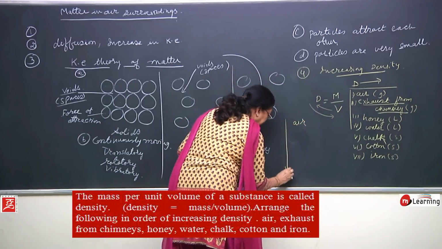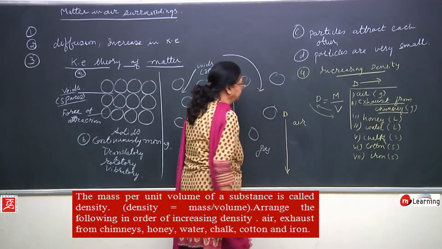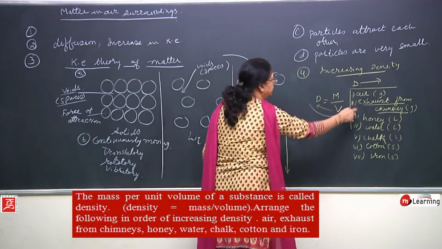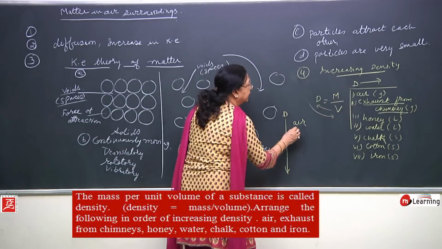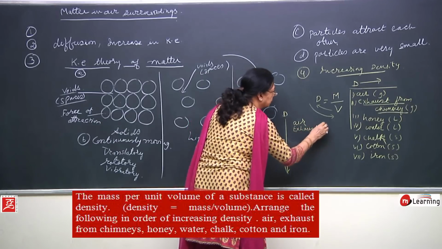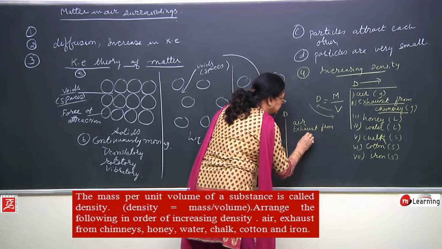Here we are arranging them in the order of increasing density. So among these two, air will be lighter, and then comes exhaust from chimney.